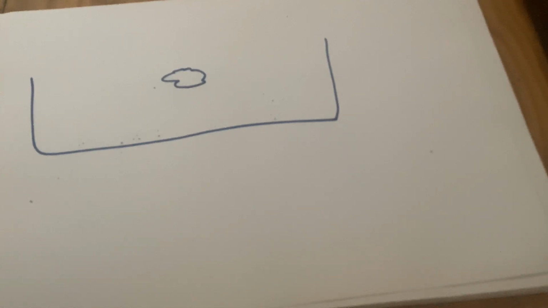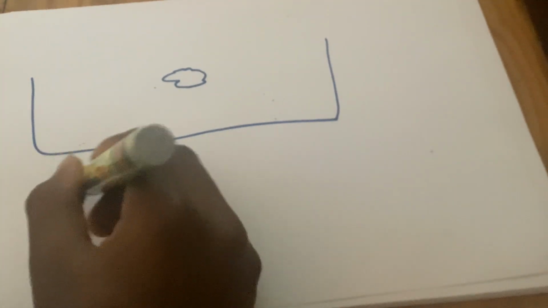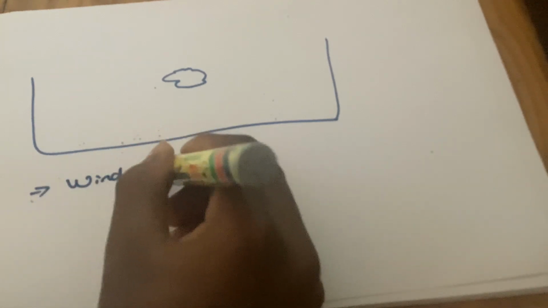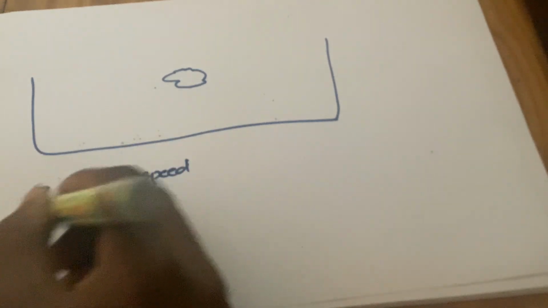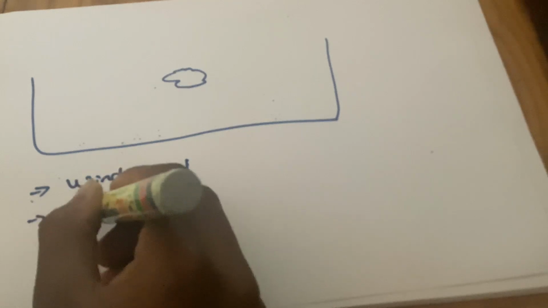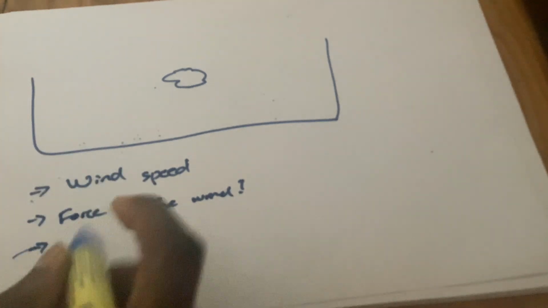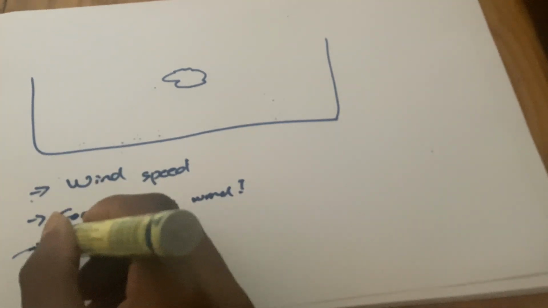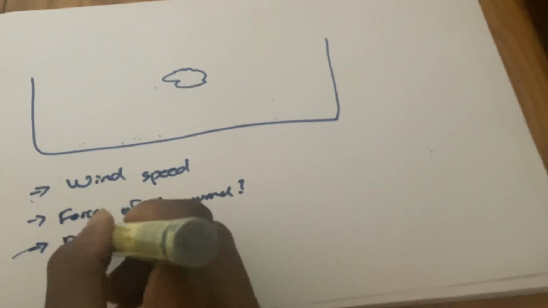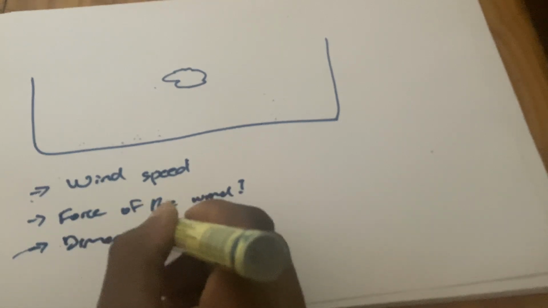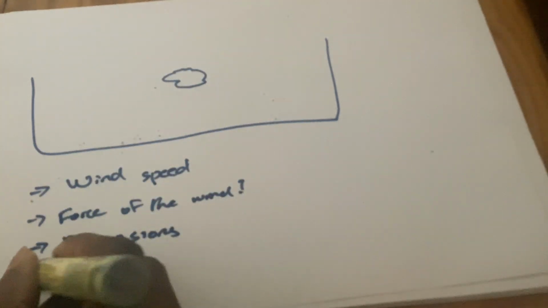So this trajectory is determined by a whole lot of different things. First one of which is wind speed, obviously. So you could even say maybe force of the wind. You could also say perhaps the dimensions of this little piece of paper.